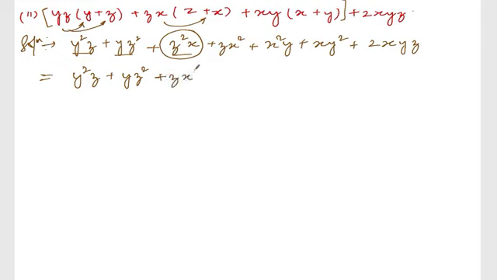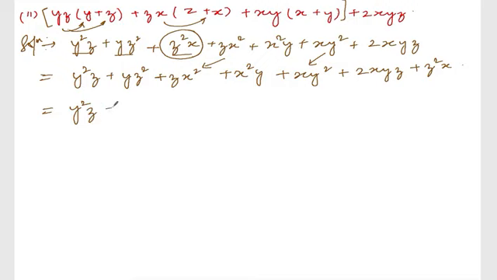So zx square, I'm writing down this one here, plus x square y, and this one here, so xy square, plus 2xyz, and this one write down at last, plus z square x. Okay, I'll tell you what I am going to do here.